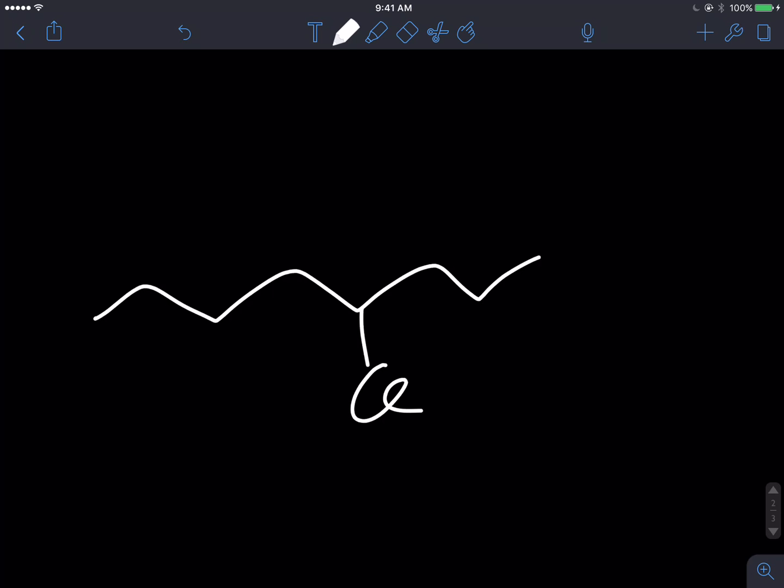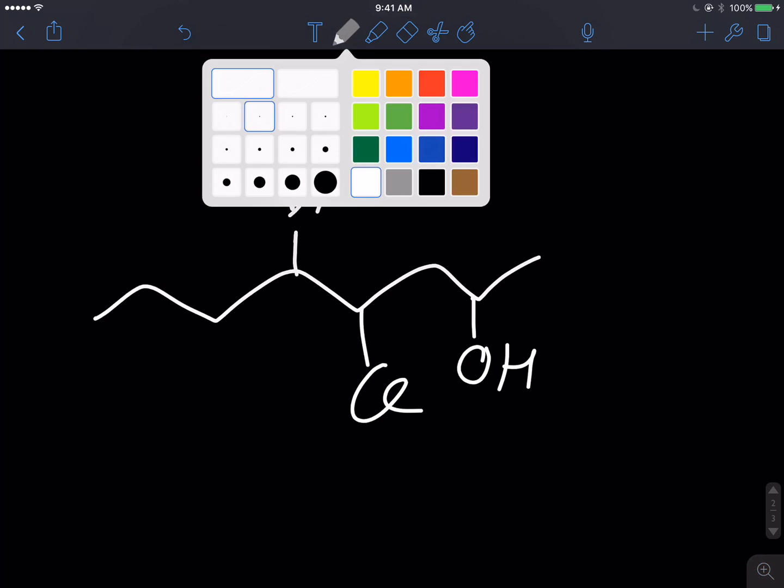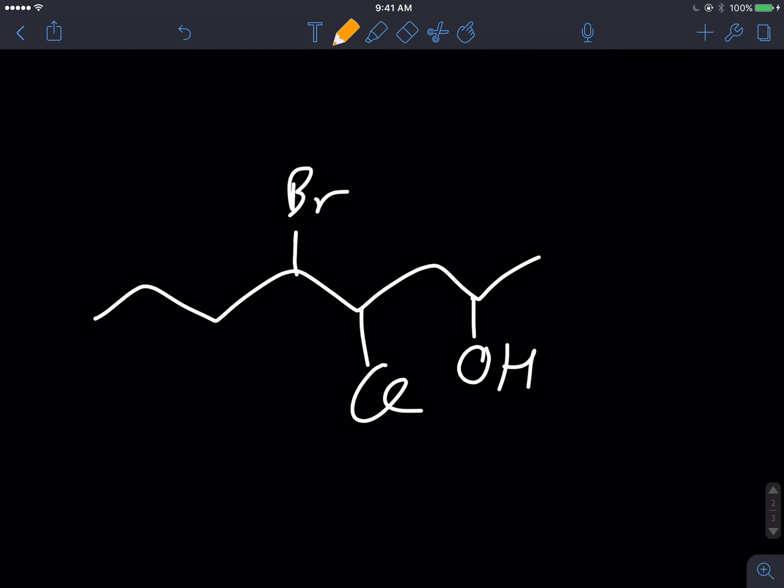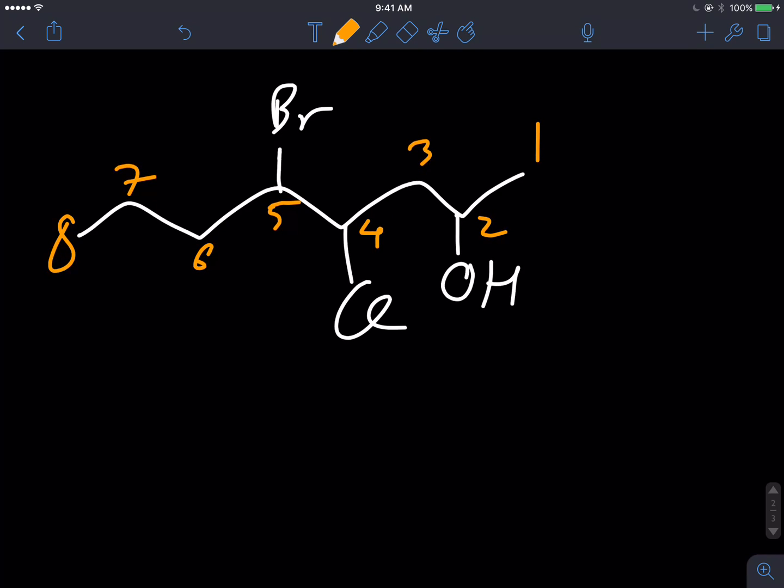And let's do the other one. Let's try this compound. Try chlorine and bromine and alcohol. Without thinking, you know that this is number 1, this is number 2, 3, 4, 5, 6, 7, 8. And see, we have 5-bromo and 4-chloro. And which one first?